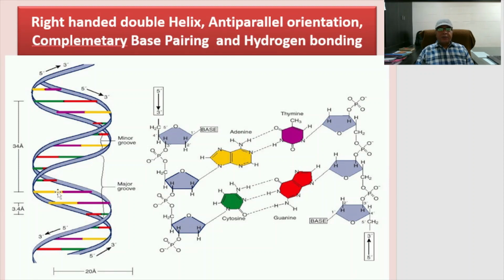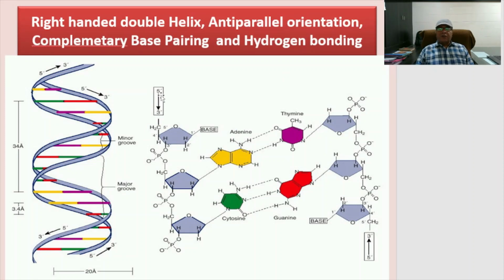These are the features of the double helical structure: major grooves, minor grooves, nitrogenous bases inside, and sugar phosphate backbones outside.